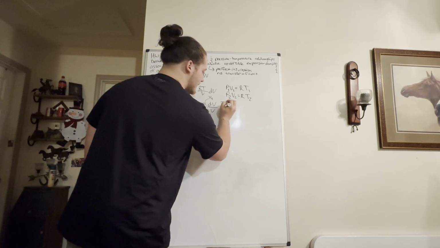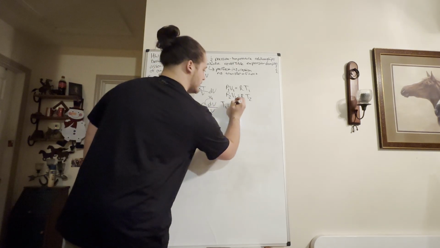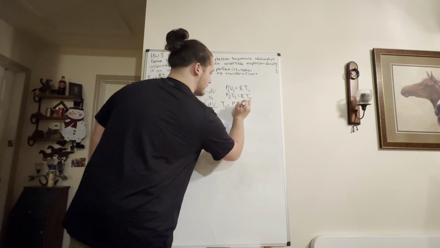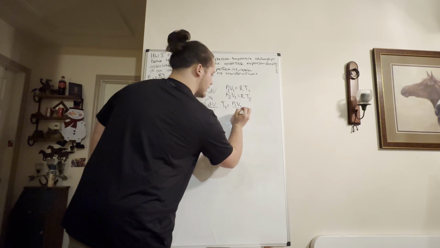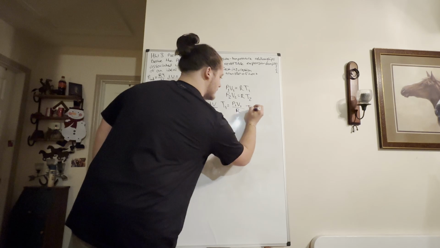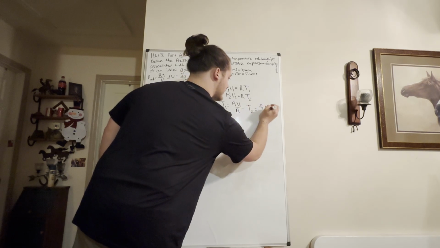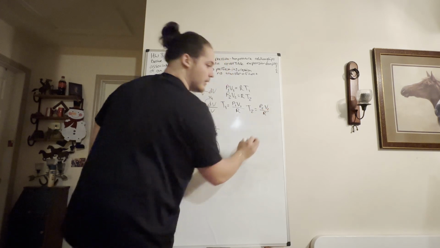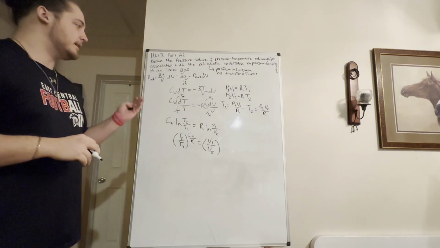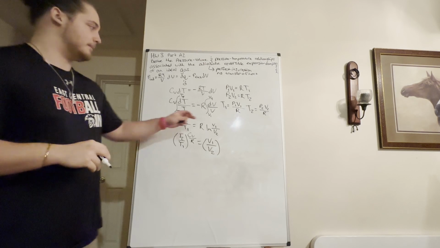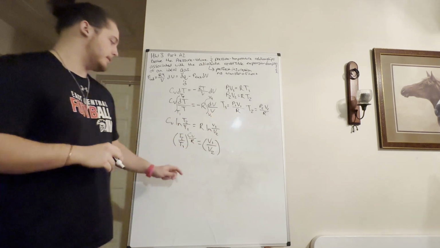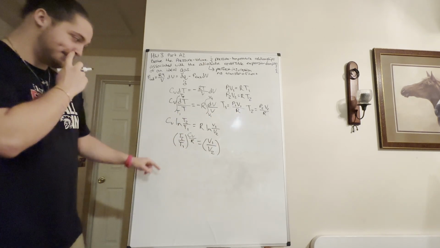We get T1 is equal to P1 V1 over R, and T2 is equal to P2 V2 over R. So now, once we get this step, we can plug our T1 and T2 into this expression here.